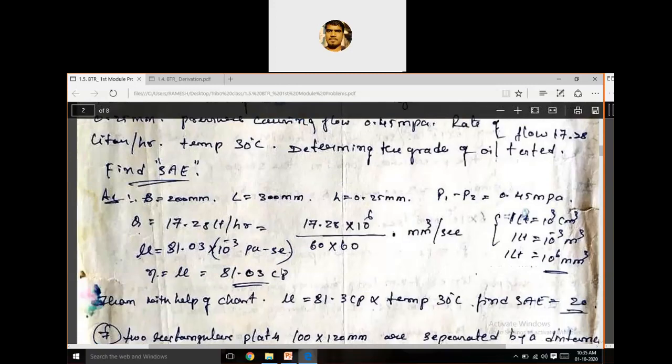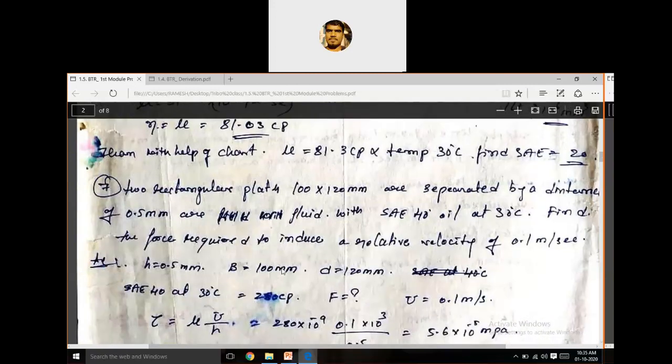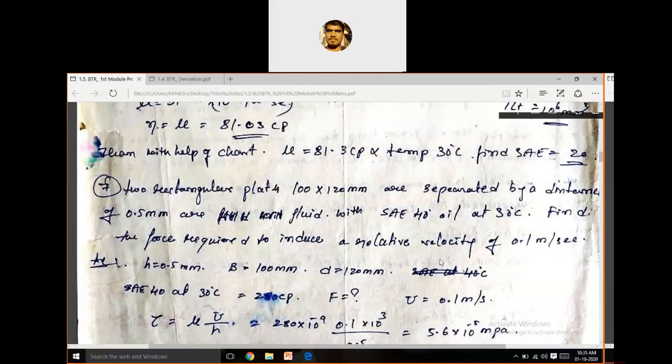Similarly, take the next problem. Just take it as homework. Two rectangular plates, 100 into 120 mm, are separated by a distance of 0.5 mm, that is the thickness H, with fluid of SAE 30 at 30 degrees centigrade.